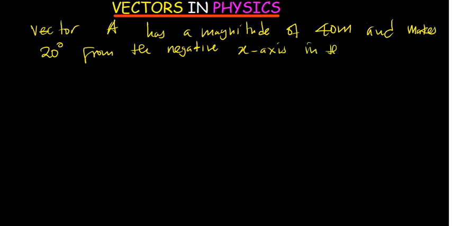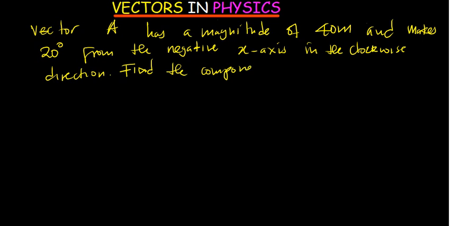Find the components. Okay, so here is the question. We've got a vector that has a magnitude of 40 meters and makes 20 degrees from the negative x-axis in the clockwise direction. Now I want to find the components of A.